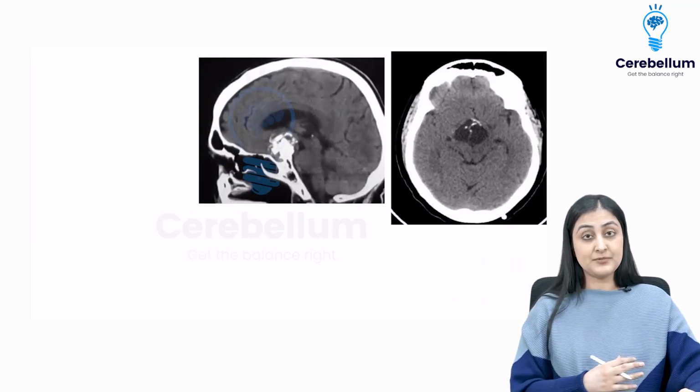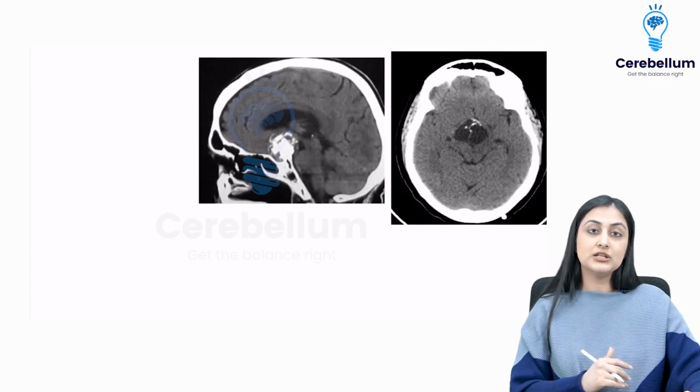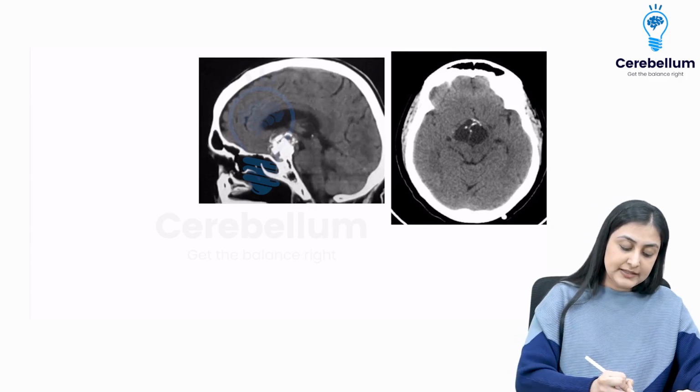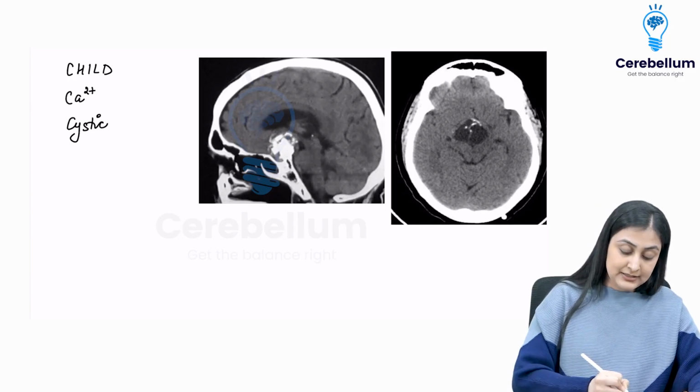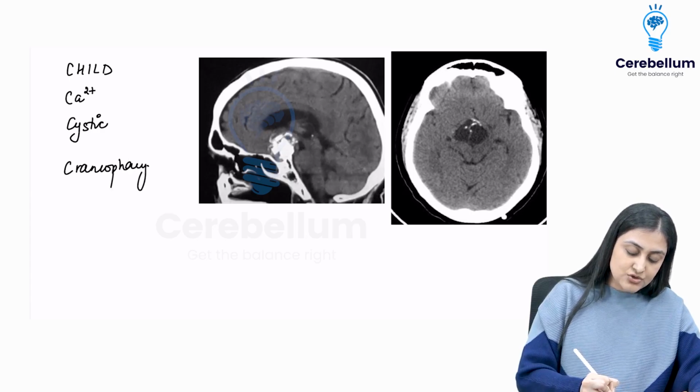Very important, something that has been asked a lot of times in the NEET exam is what we are seeing here. So here you want to remember all C's. So it's a child who is having a tumor which is calcified, a tumor which is cystic, and the name also is with C, so it is craniopharyngioma.